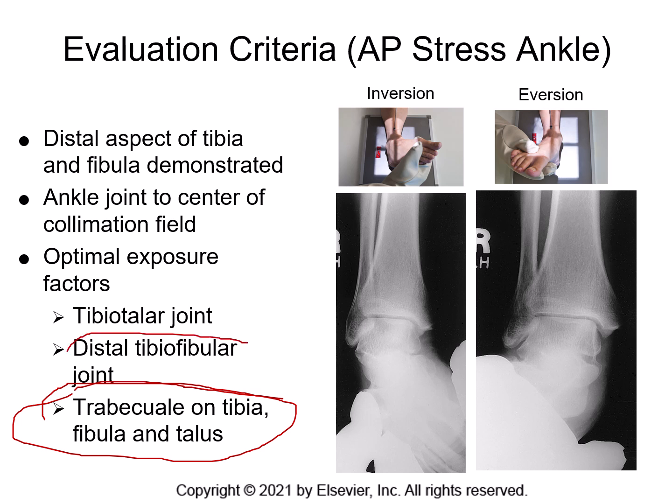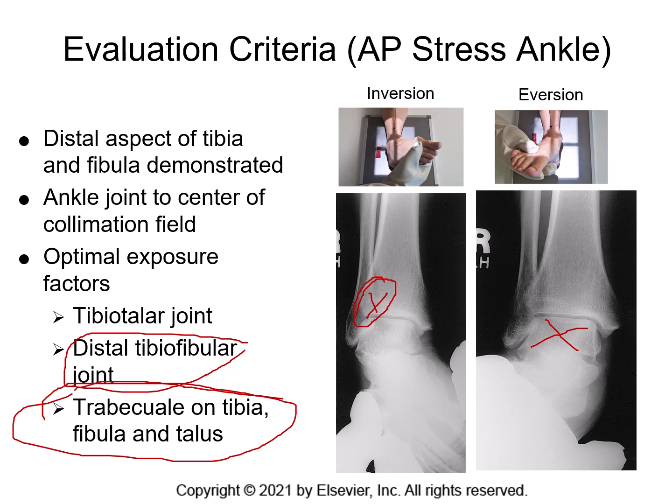The distal tibiofibular joint is definitely going to be showing us that we've penetrated the part all the way, and that talus is a big fat bone. So the talus is a good way to judge that penetration of the ankle joint as well.